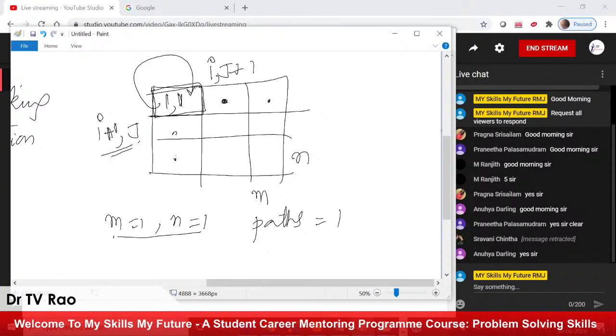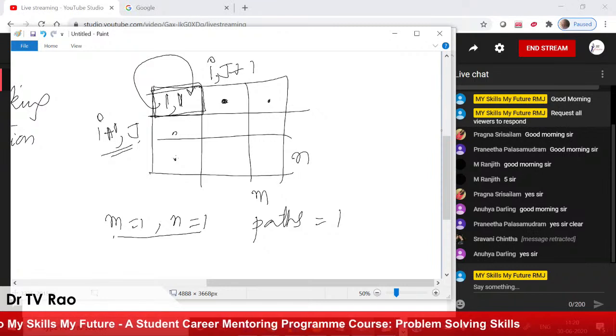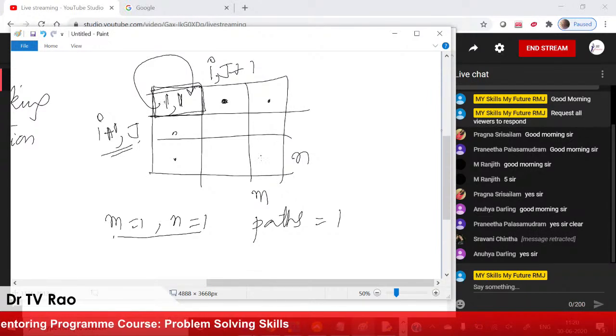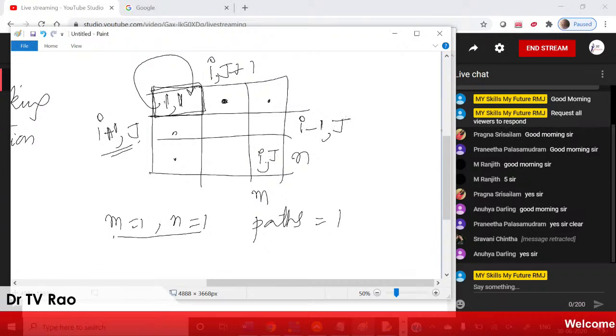Right? When you start from here, if you travel back, this is I minus 1 j, and this is I j minus 1 if you are traveling back.